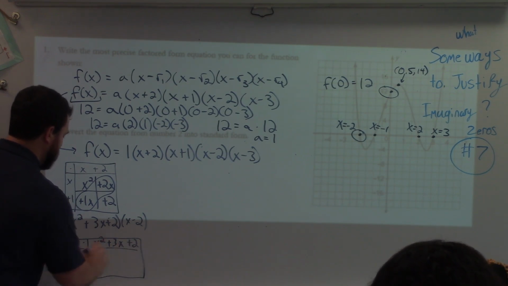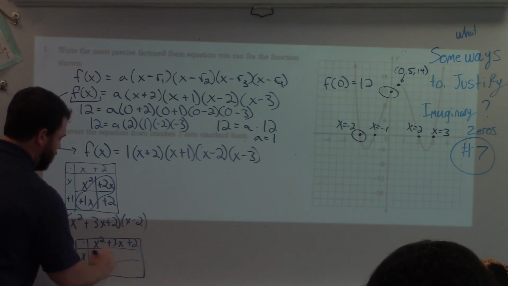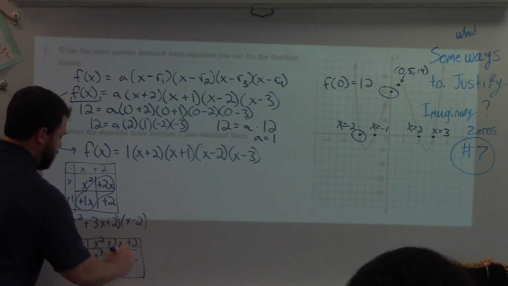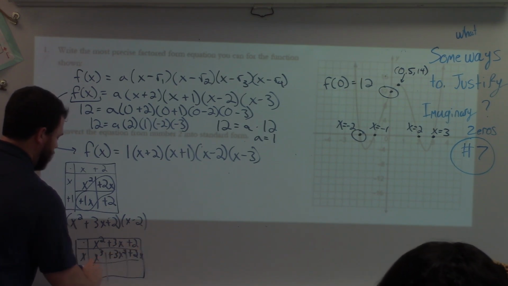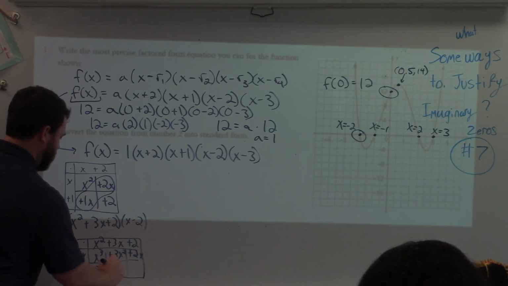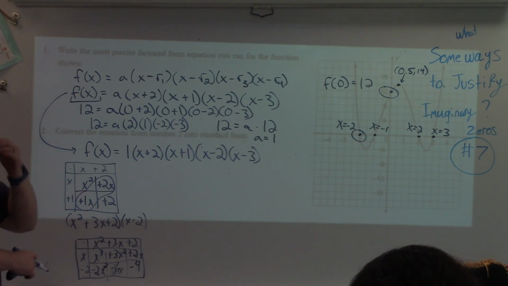And once you do this multiplication, you have to do the last factor, okay? So hopefully this is a quick recap. Nope, that's minus 2x squared. Plus, minus. Man, I am struggling today. There we go. And then you just keep multiplying, okay?